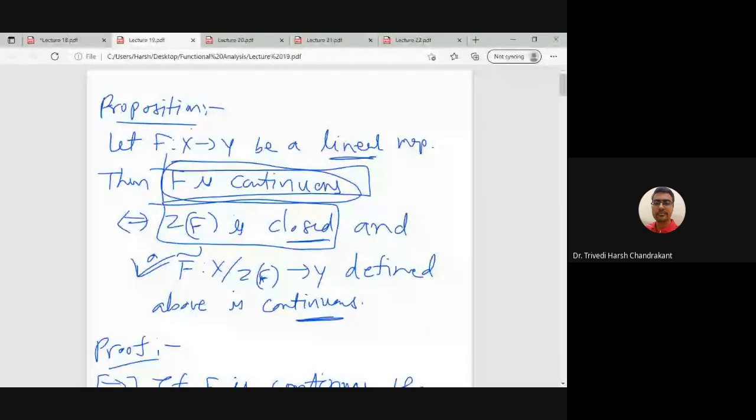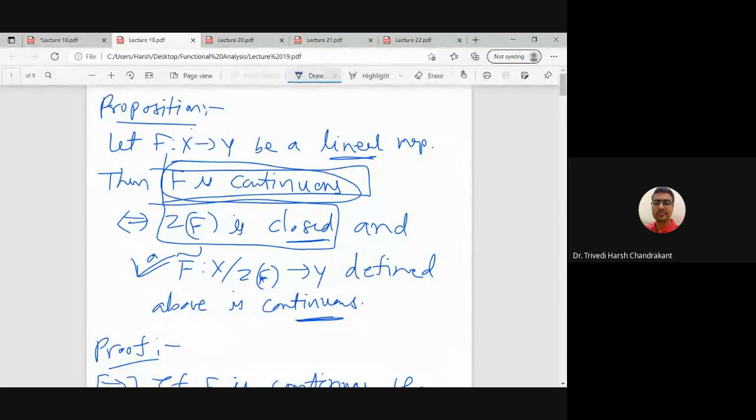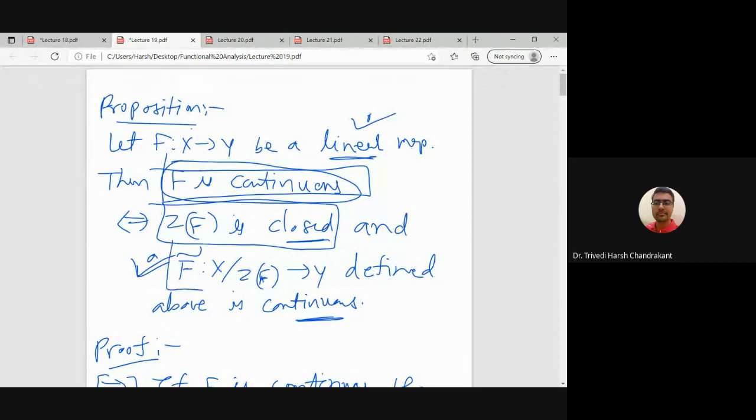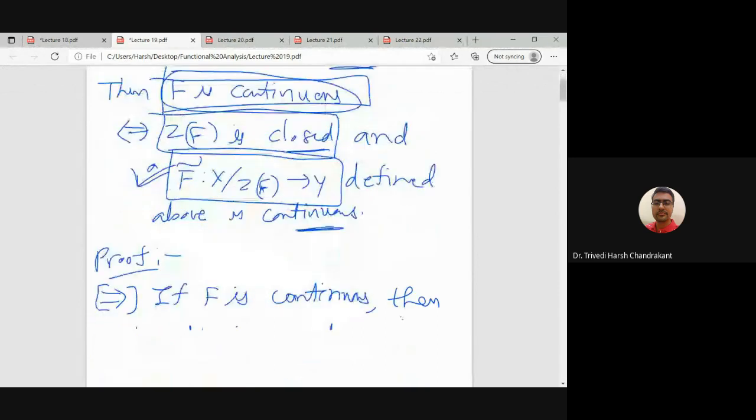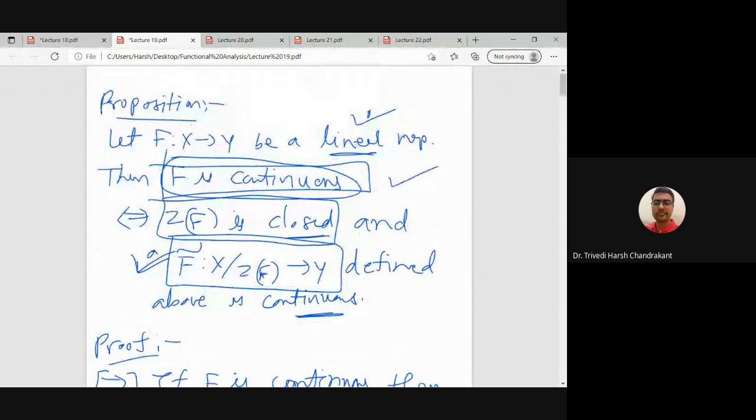for this quotient map. So f is a given linear function. We will define the associated map f tilde by quotienting x by kernel of f, and this given linear function f is continuous if and only if the kernel is a closed subspace of the domain and this f tilde is continuous.